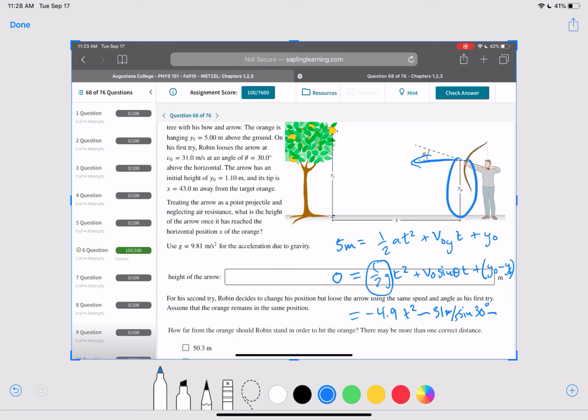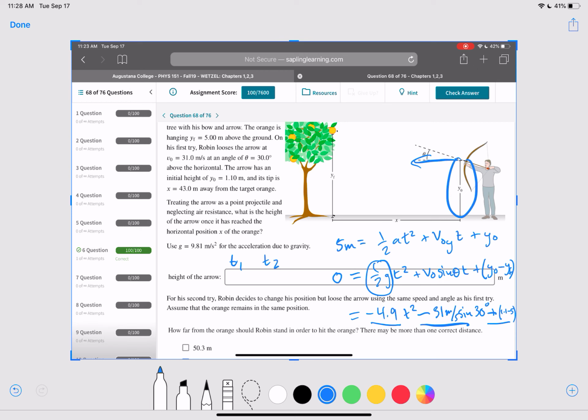Okay, and then there's your A, there's your B, there's your C. Plug that into your quadratic formula, and you get T1 and T2.